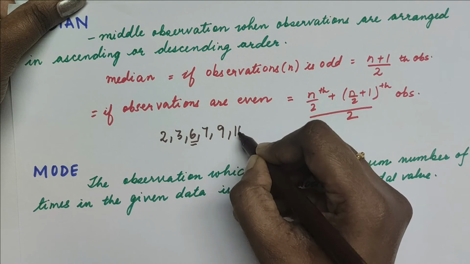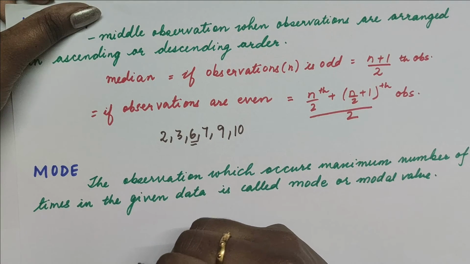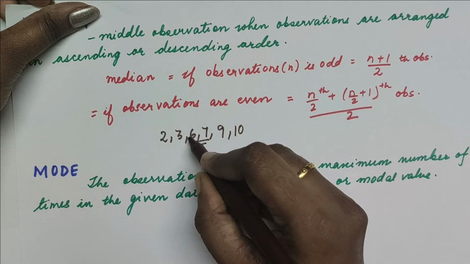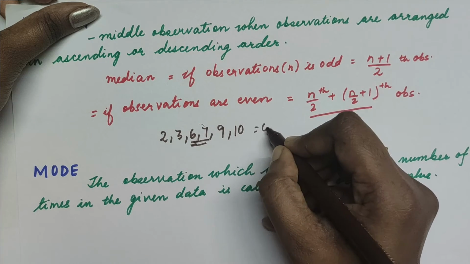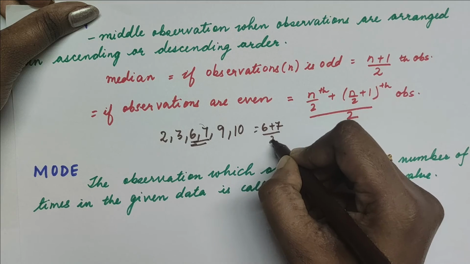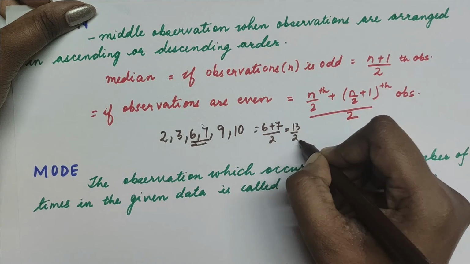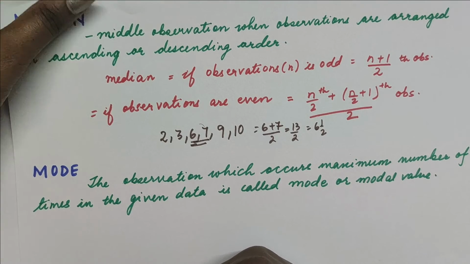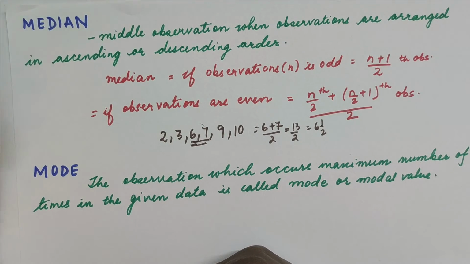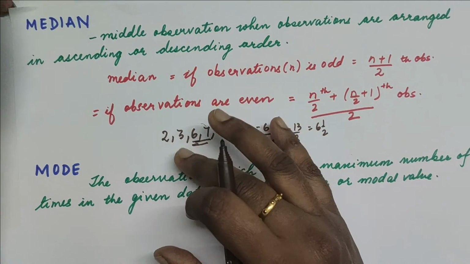But suppose I have 6 observations, then the sum of the two middle terms, 6 plus 7, so the median here will be 6 plus 7 by 2, that is 13 by 2, around 6.5. This is a median. Median is the middle term. You have to arrange the data for this.